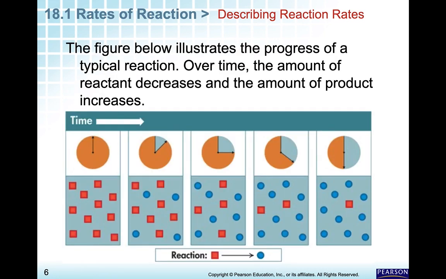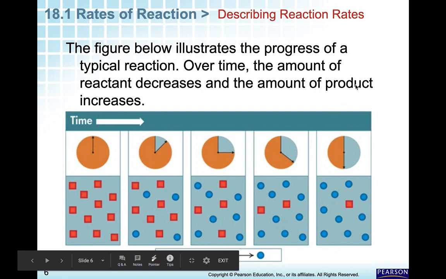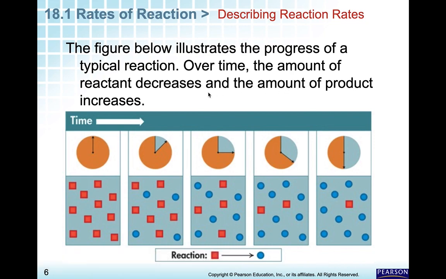Here's sort of a visual way to picture this. So let's say this is a chemical reaction in which the red square reactant is converted into the blue circle product. Now, initially, at our time equals 0, before the reaction takes place, we have all red squares.